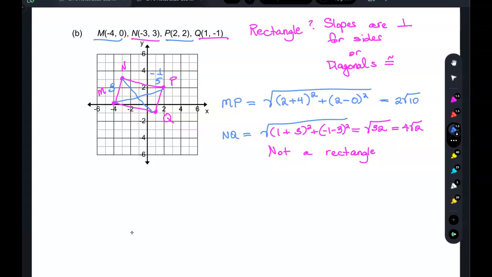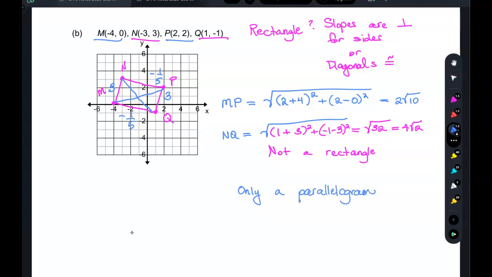Okay. This has a slope of 1, 2, 3 over 1, so it has the same slope. And then the question is, does this have a slope of negative 1/5? Yes. Down 1 to the right, 1, 2, 3, 4, 5. So this is only what? Parallelogram. Yeah, so only a parallelogram.